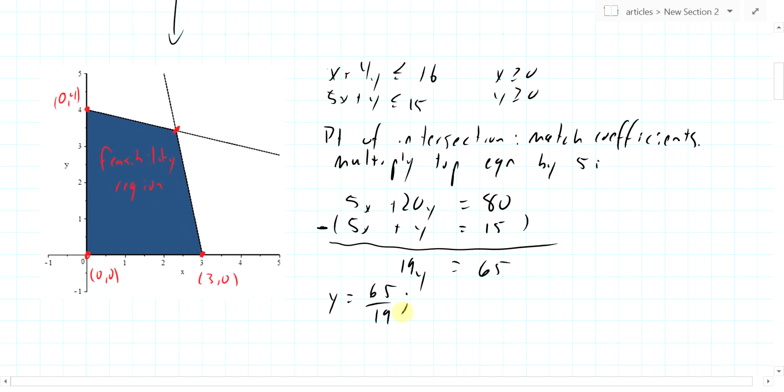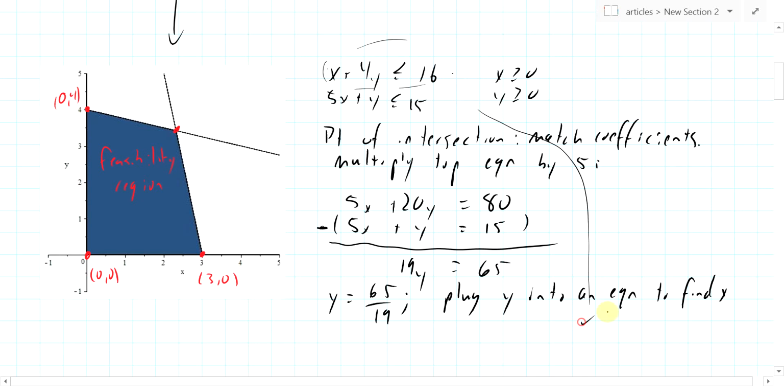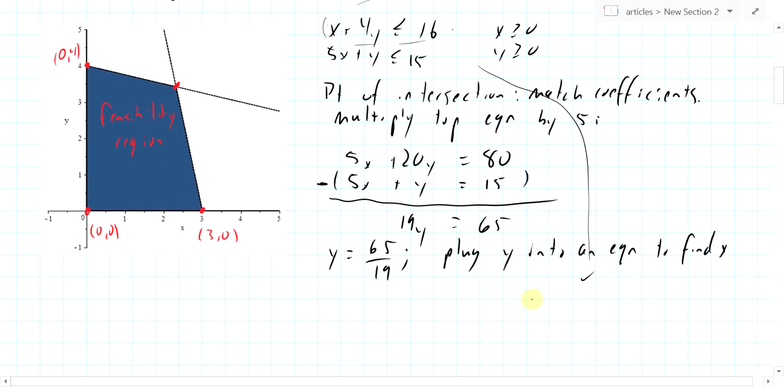And then I want to know, well, what's x? Well, I can just plug it in. And it doesn't matter which one of these I plug it into. I'll plug it into this one. So, x plus 4 times 65 over 19 equals 16. Right?